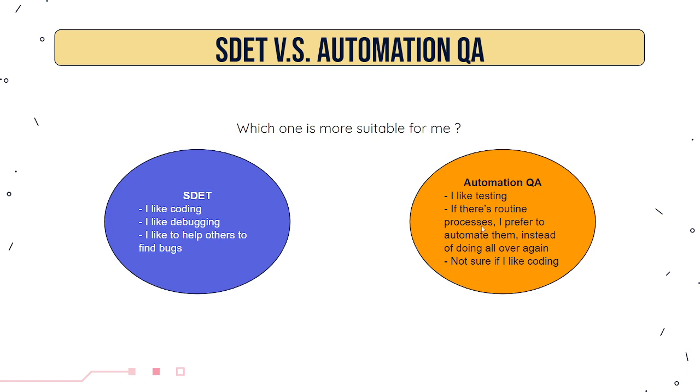And if there's a routine process, you prefer to automate it instead of doing it all over again. So if you think, oh, we have a routine job here, the steps are 1, 2, 3, 4, 5, all the same, and you need to do it again next time, now you meet a choice.